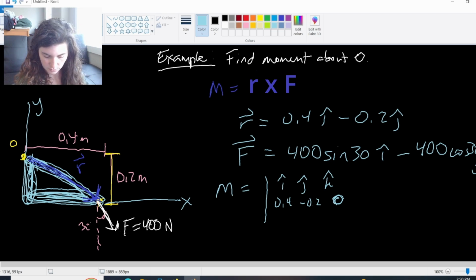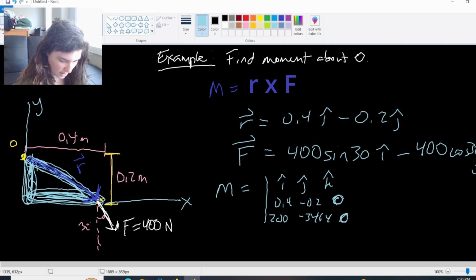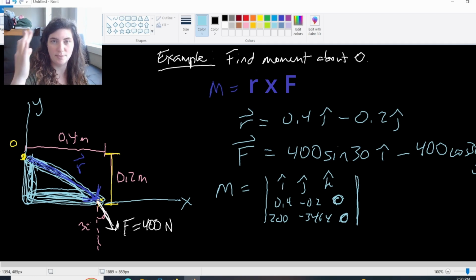And then, let's see, 400 sine 30 is 200, and 400 cosine 30 is going to give me negative 346.4. And then again, no z component. I should have lined up my columns a little bit better here, but it's okay. It's going to work out either way.